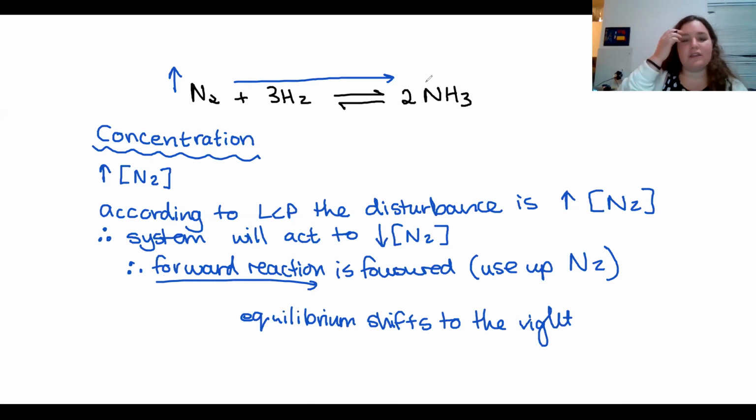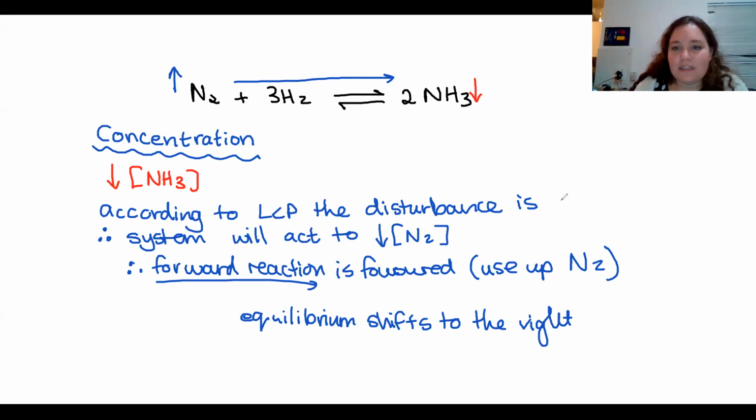Now, we could do this for anything. We could look at the situation where our disturbance was instead a decrease in the concentration of ammonia. So if we have too little ammonia, the disturbance will be a decrease in the concentration of ammonia, and the system will therefore act to remove the disturbance, which means we must increase the concentration of ammonia.